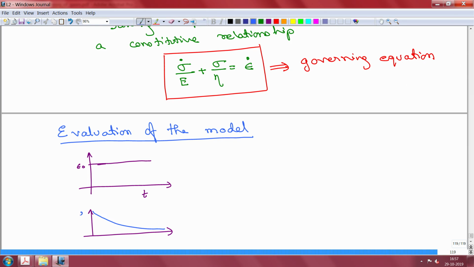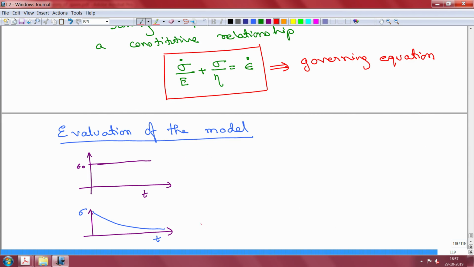It should be some decreasing function. So, what is this decreasing function in the case of this kind of constitutive equation? Well, in this section your strain is constant. So, your epsilon dot is 0, and the quantity on your right hand side disappears.